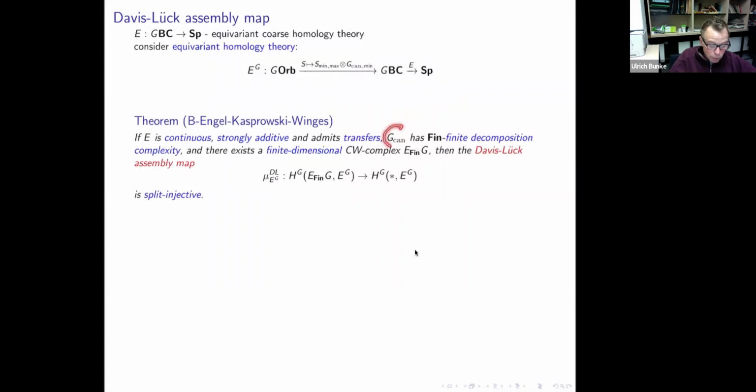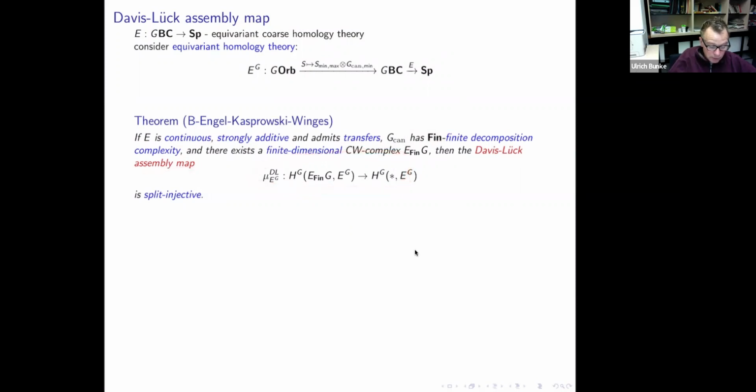And if the underlying coarse space of the group has finite decomposition complexity, say for the family of finite subgroups, and if there exists a finite dimensional CW model for the classifying space of proper actions, then the so-called Davis-Lück assembly map is split injective.